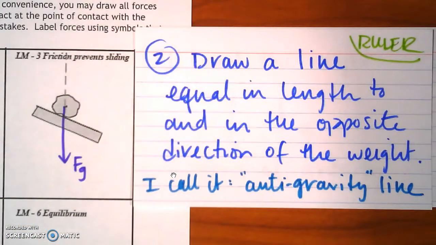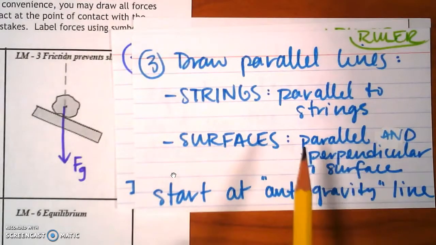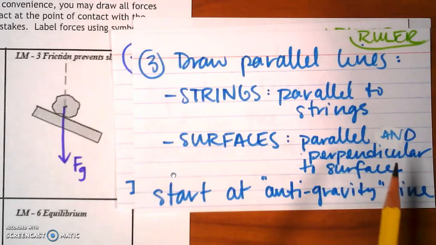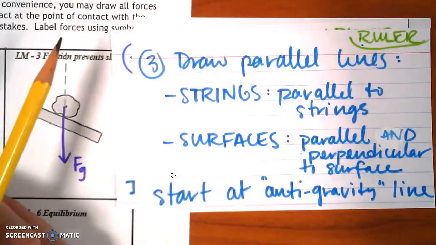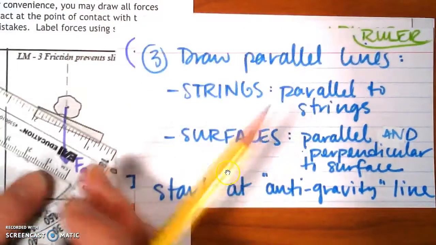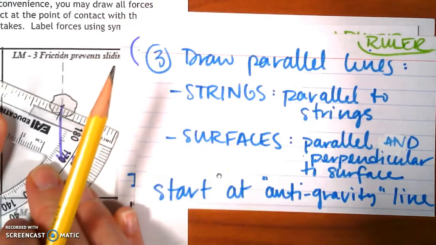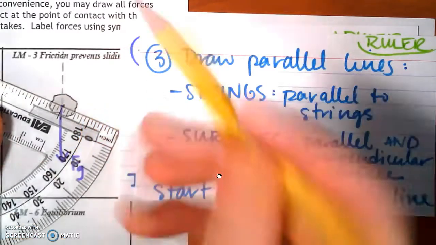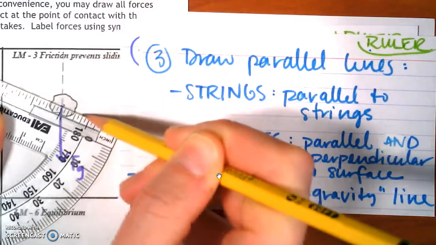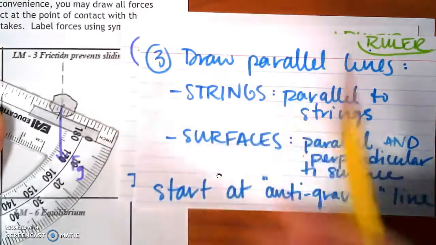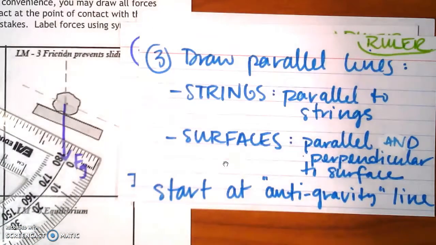My third step, since this is surfaces, I'm going to need to draw lines parallel to the surface and lines perpendicular to the surface. So I'm going to start with my parallel lines. So I'm going to line up my straight edge here. I'm going to draw one through the center of my mass here, because I know I'm going to draw my forces through those.